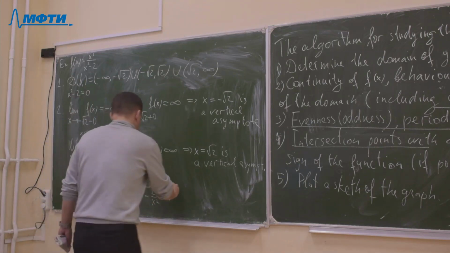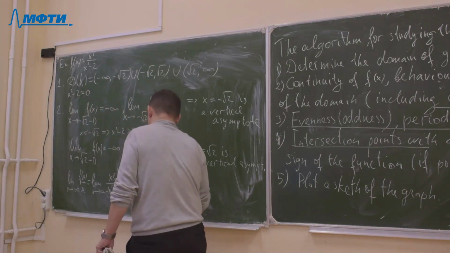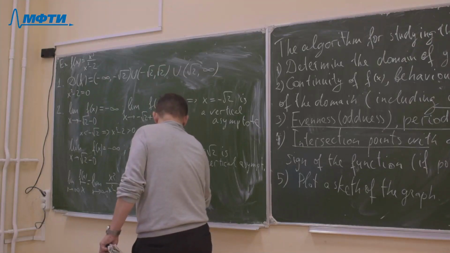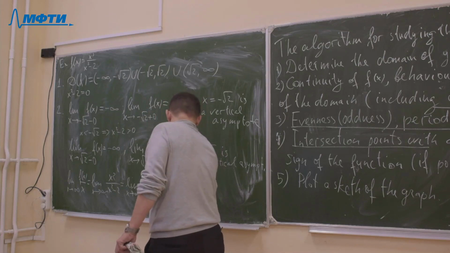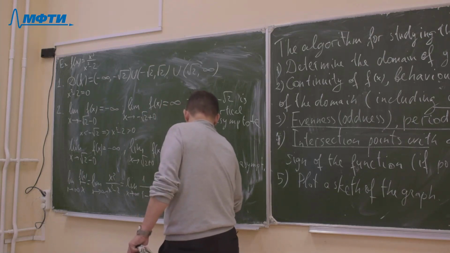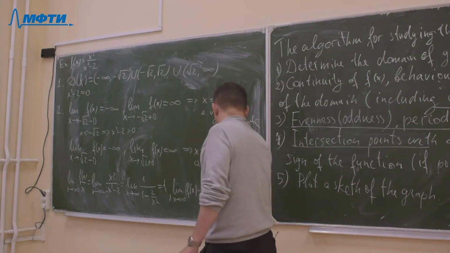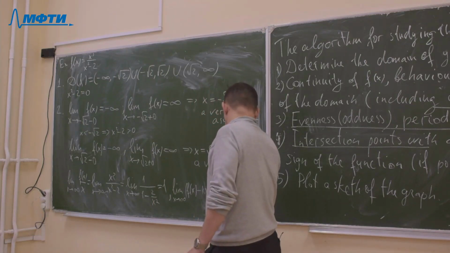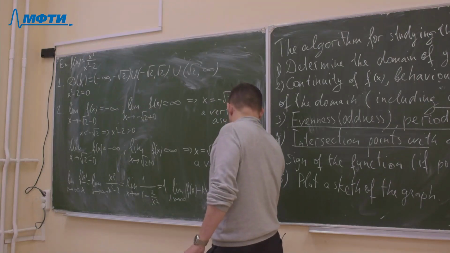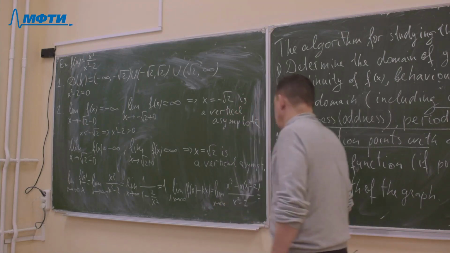Then the limit as x tends to infinity of f of x minus kx is equal to the limit as x tends to infinity of x cubed minus x times x squared minus 2, over x squared minus 2.